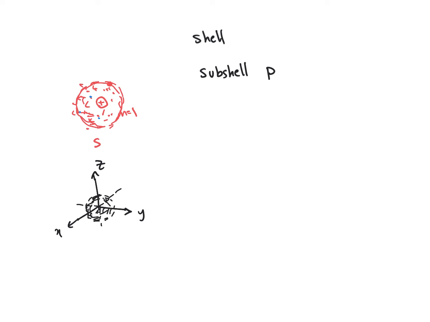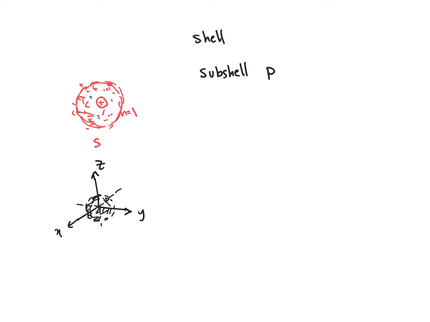So here, it doesn't matter which direction I have the s orbital. In each direction that you look at it, it is a sphere. So that's why if we're in the s subshell, we have only one orbital. Does that make sense? Because if you look at it in x direction, y direction, z direction, all of it is one, okay? But p orbitals, can anyone tell me what was the shape?